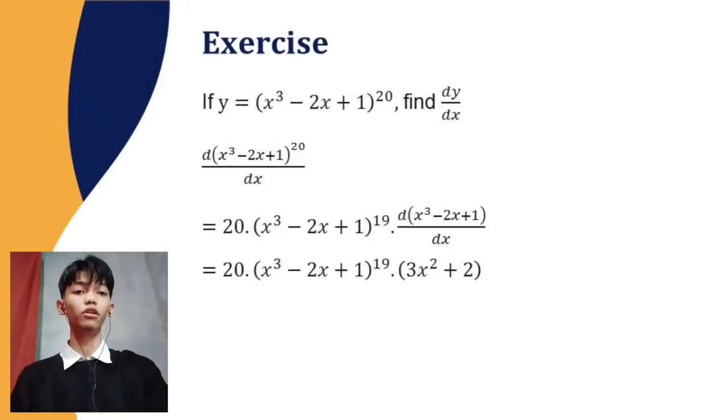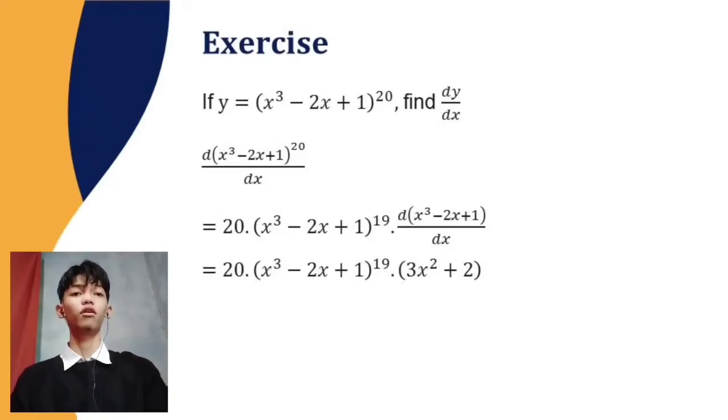In this case, we will use the chain rule. So we will get the derivative of y is equal to 20 times x cubed minus 2x plus 1, all raised to the 19th power, and then times the derivative of x cubed minus 2x plus 1 with respect to x.